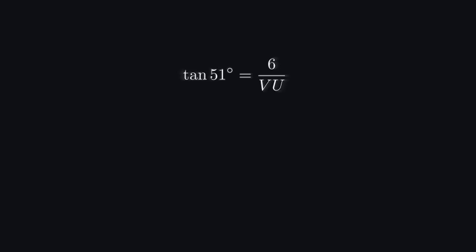Tan of 51 degrees equals 6 over VU. VU tan of 51 degrees equals 6. VU equals 6 over tan of 51 degrees.